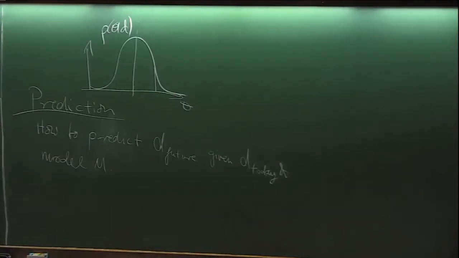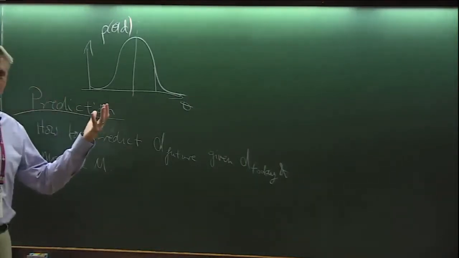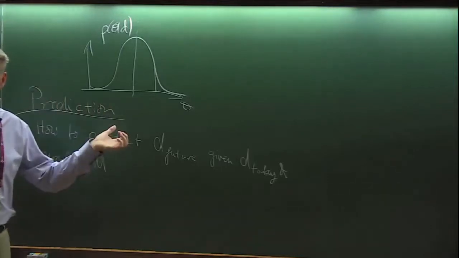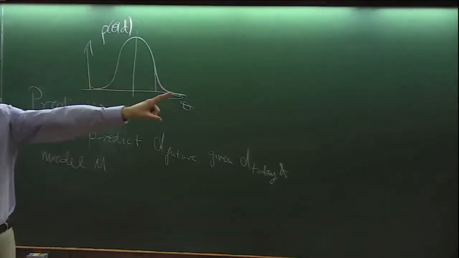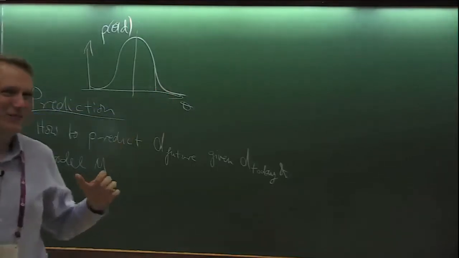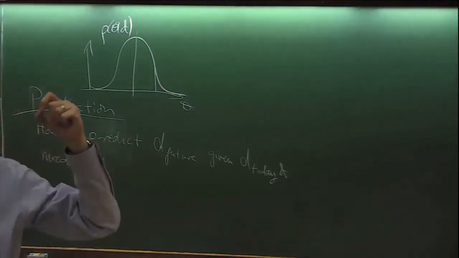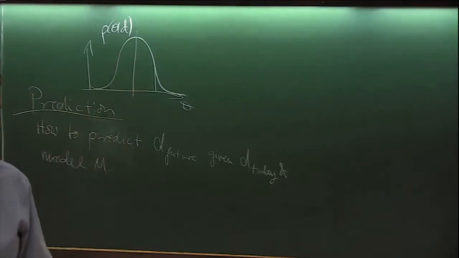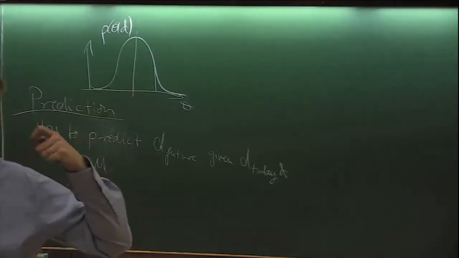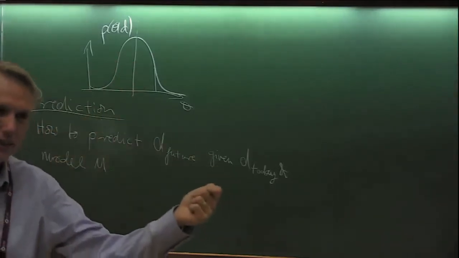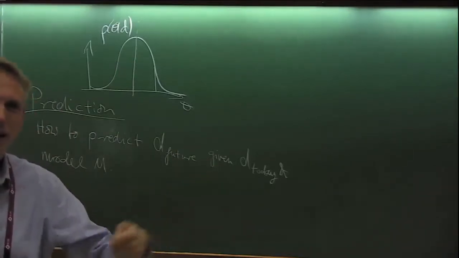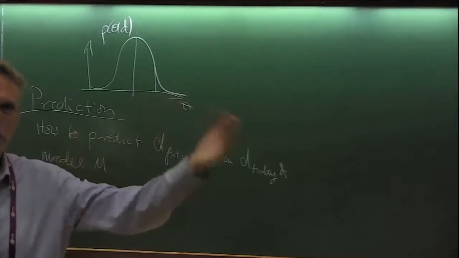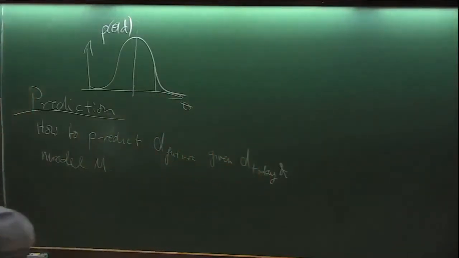Well, if we knew the true parameters, we already have the answer. Remember what I said? The likelihood is kind of a bad name because it doesn't tell you really what it is. The likelihood is the predictive density for the data given the parameters. So if we knew the true parameters, we would predict the future data by drawing from the likelihood. The likelihood tells us the probability distribution of that future data.